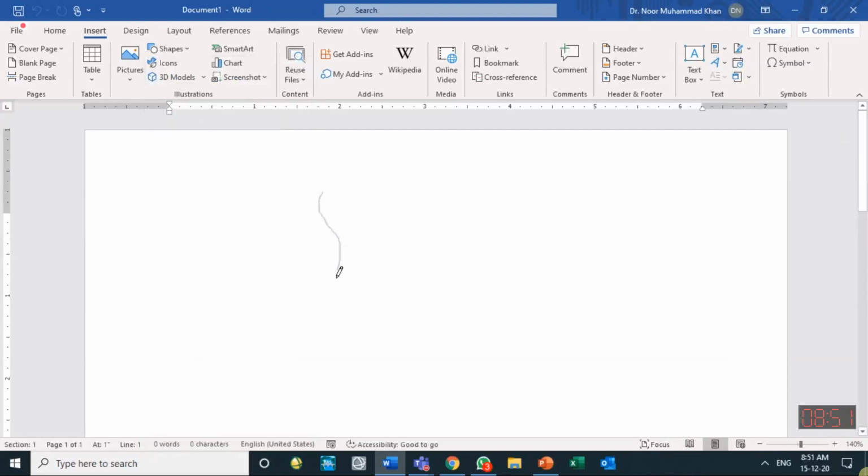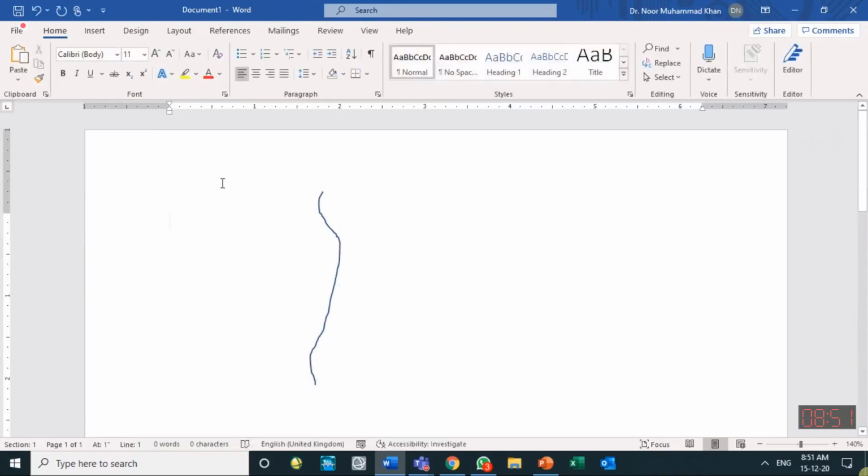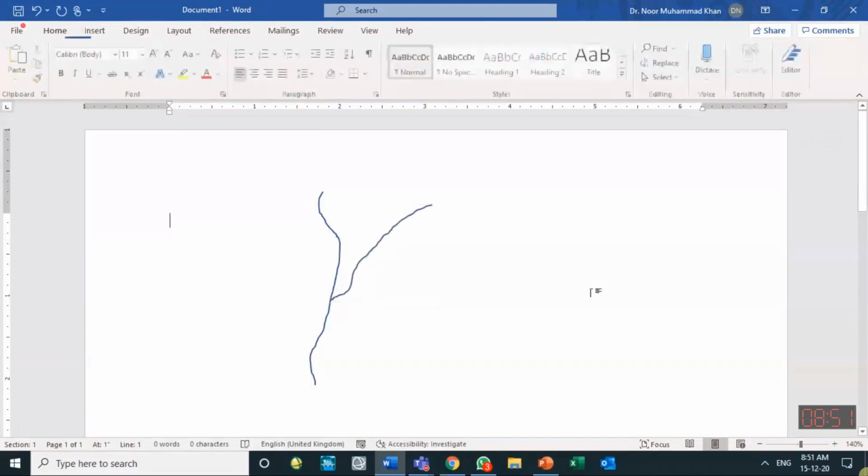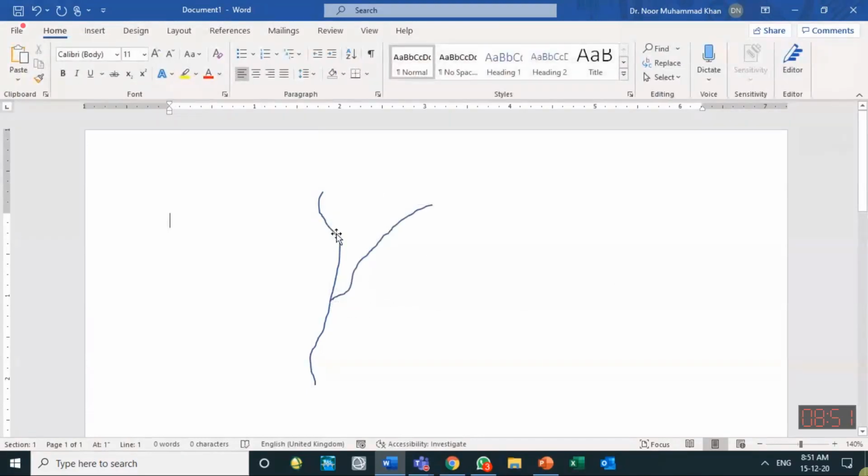For example, you have a river like this, and a tributary is joining over here. So the flow is from top to bottom.